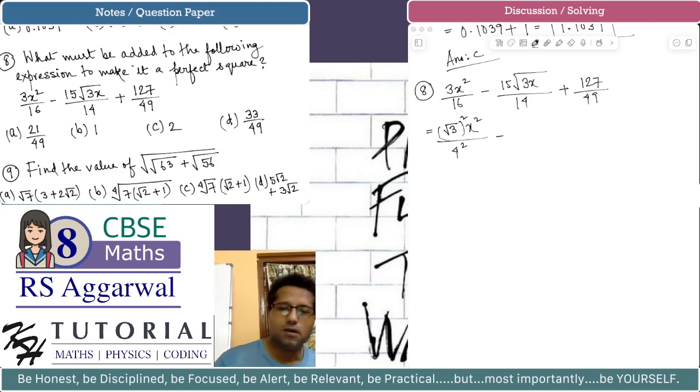So we have 15 into root 3x by 14. This can be rewritten as root 3x by 14.